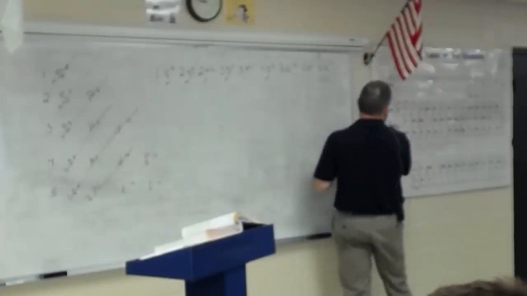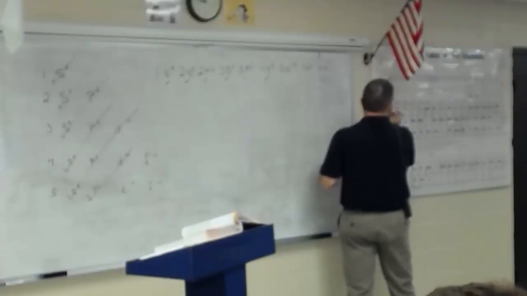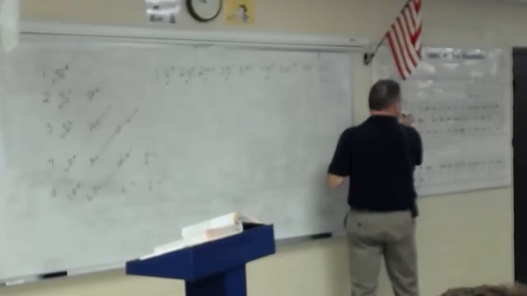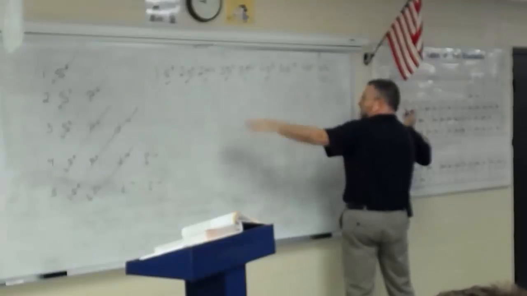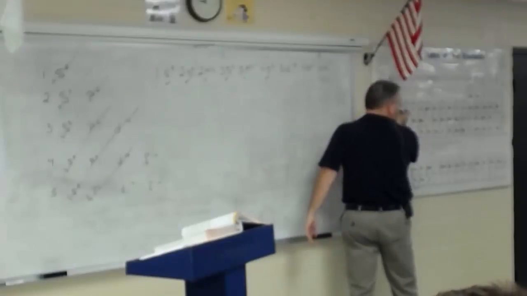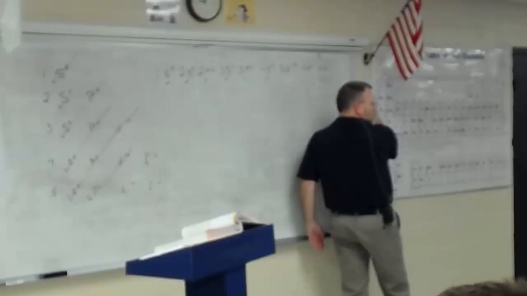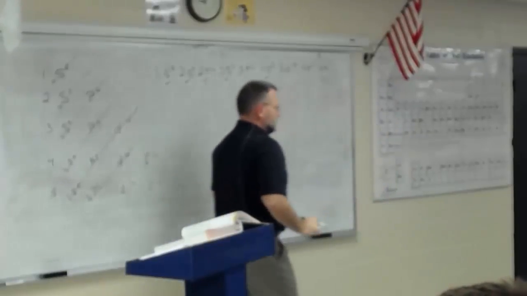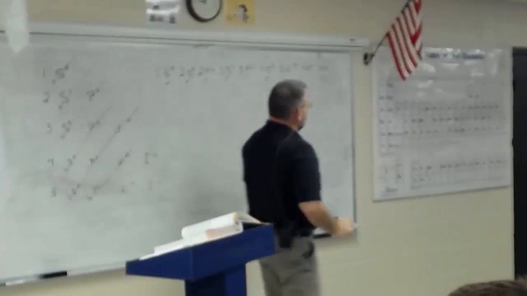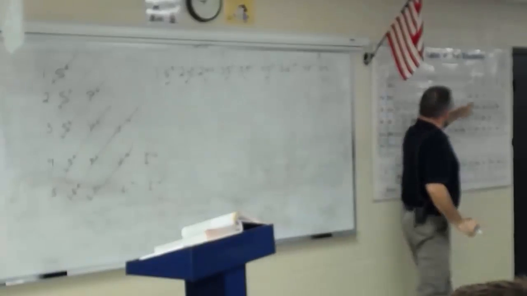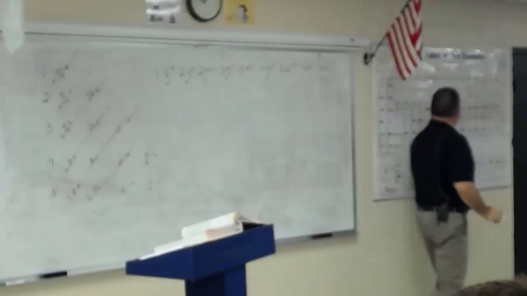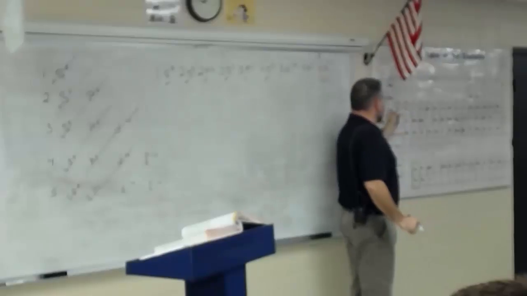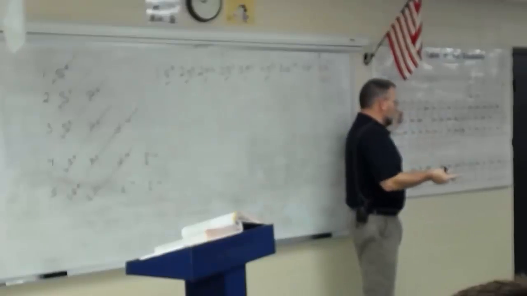Well, this would appear to be 4s1, 4s2, and you would expect this to be 4d1. But because of the way they fill, this is actually 3d1. You take the energy level here, which is 4, and subtract 1 from it. So again, this would be 3s1, 3s2, 3p, 1 through 6, 4s1, 4s2, 3d1.